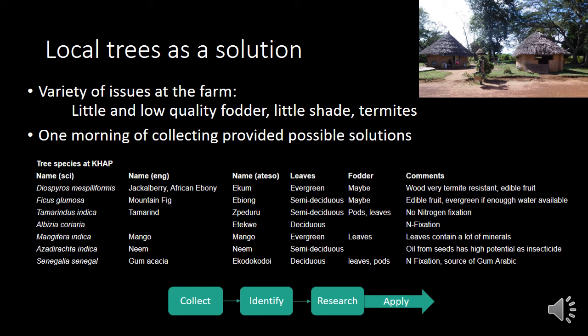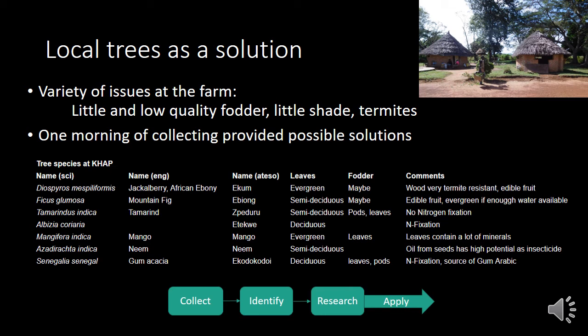So she could provide us with the local names, and she told us whether they were evergreen, semi-deciduous, or whether, for example, they bore edible fruit. And with the local names, I actually found a tree guide of a researcher that had translated these local names to Latin, and so in this way I could find out what Latin names of the species there were.